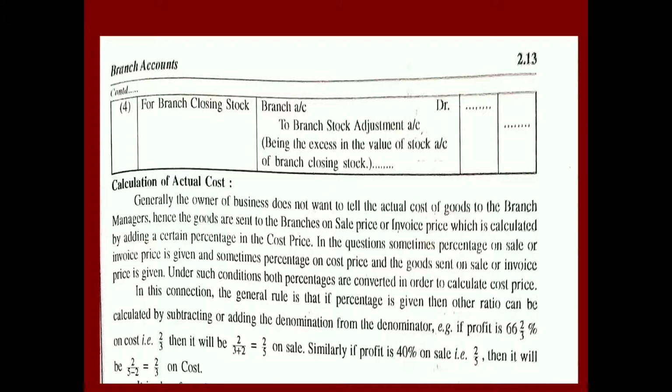In the question, sometimes the percentage on sales or invoice price is given, and sometimes the percentage on cost price, and the goods sent at sale or invoice price is given. Under such conditions, both percentages are converted in order to calculate cost price.